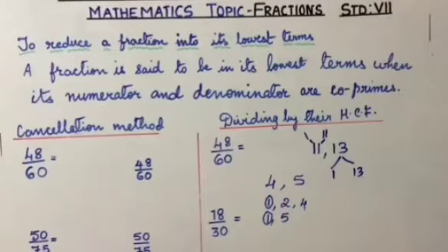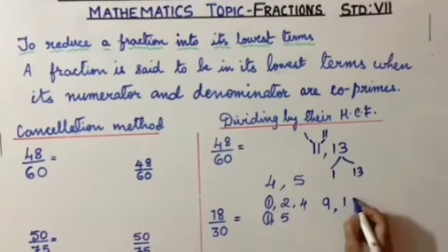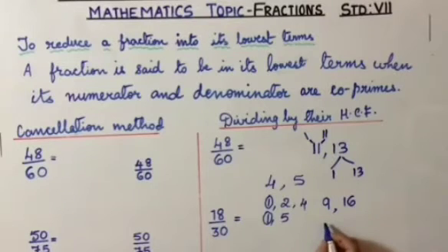Let me show you one more example. Let's take 9 and 16. All the factors of 9 are, can you tell me? 1, 3, 9. So it's a composite number. Again 16: 1, 2, 4, 8 and 16.